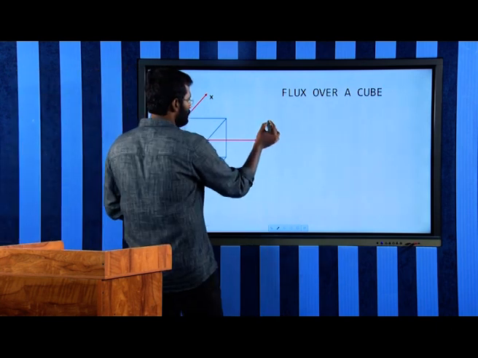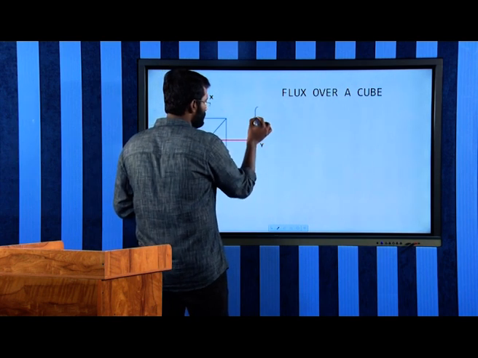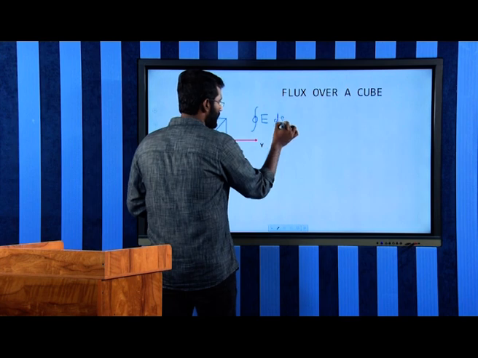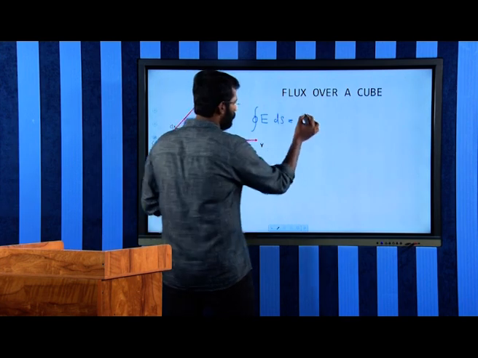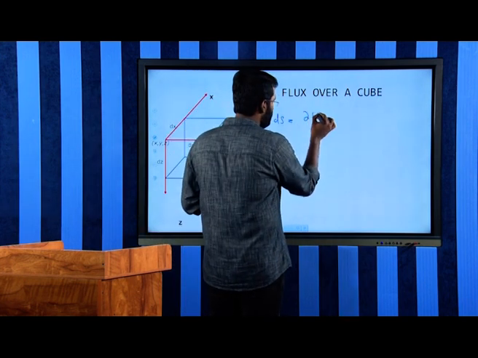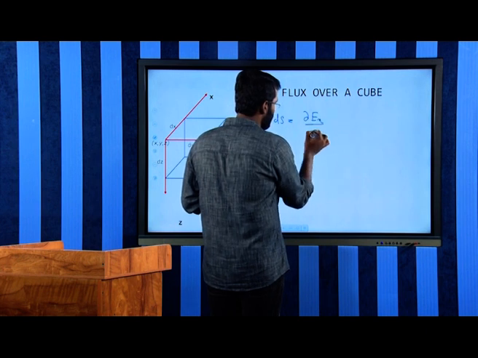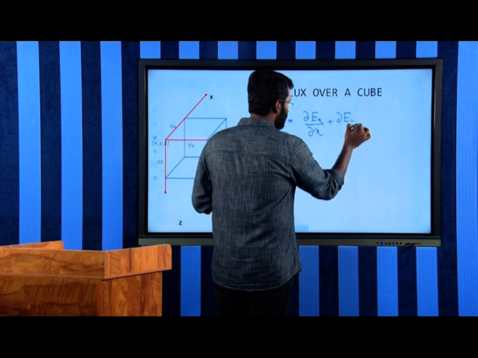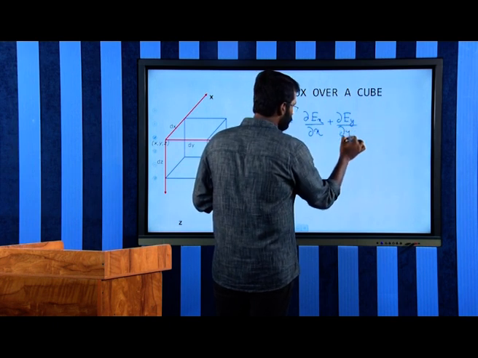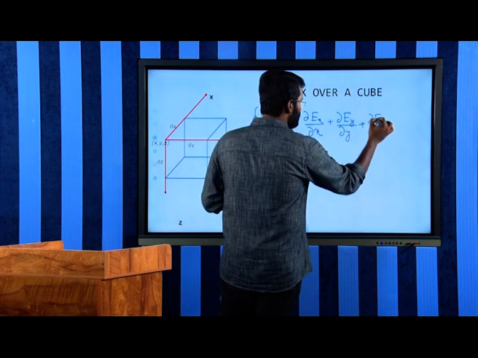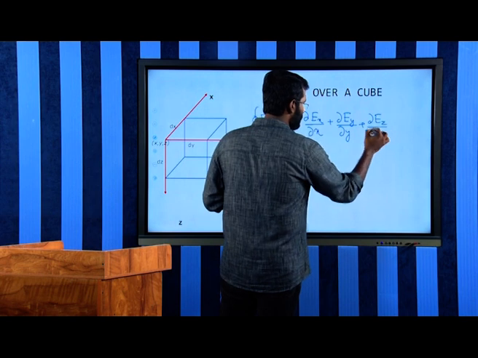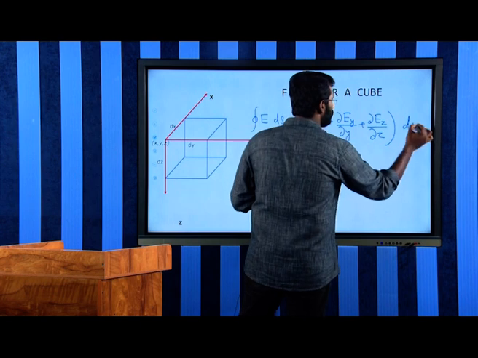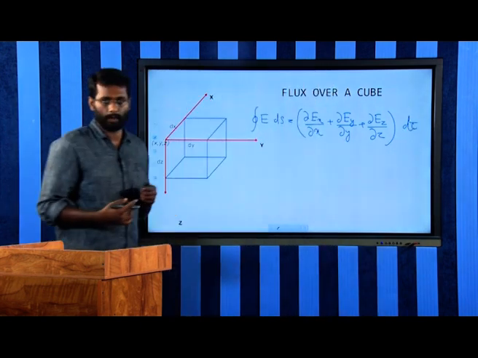The total surface integral, we represent it as E dot ds, which is equal to what we got: ∂Ex/∂x plus ∂Ey/∂y plus ∂Ez/∂z, and we had a dτ common, that is taken outside. So, this is the result we got.